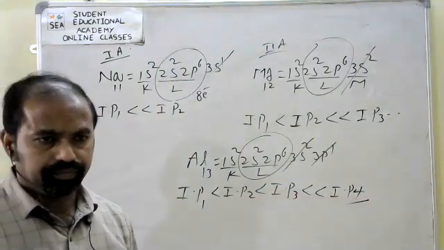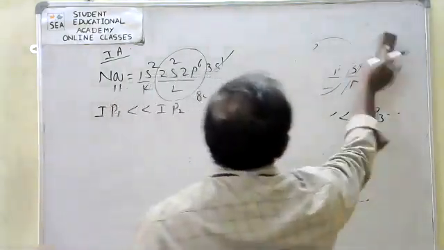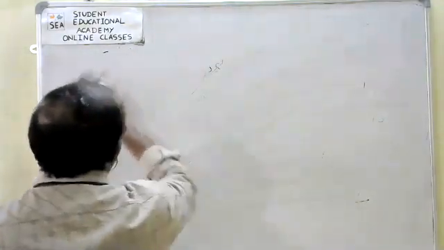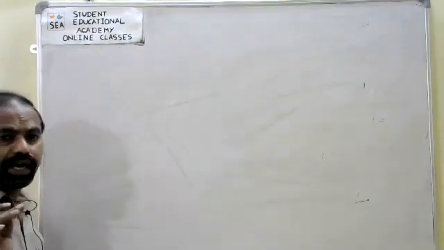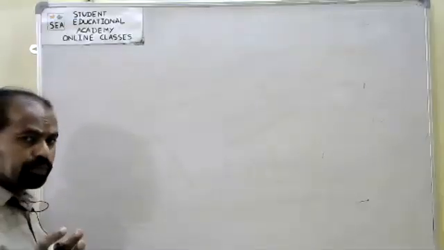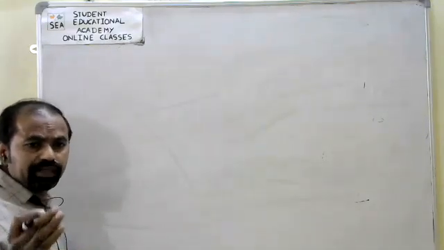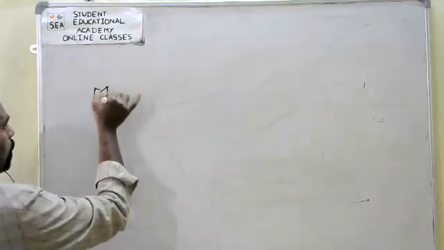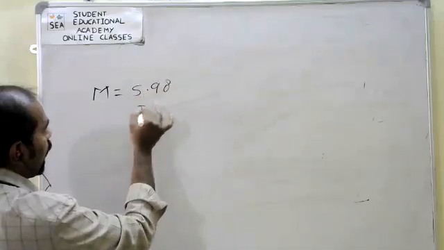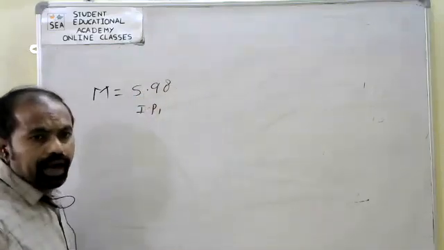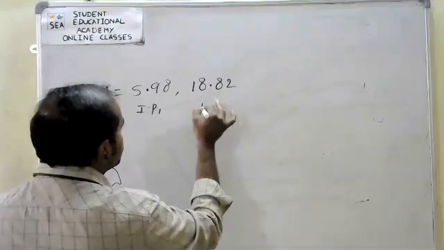And so on. For example, they give one question. The successive ionization enthalpy, ionization potential, ionization energy, everything is the same. The successive ionization enthalpies of an element M are given: 5.98, which is IP1, and 18.82, which is IP2.